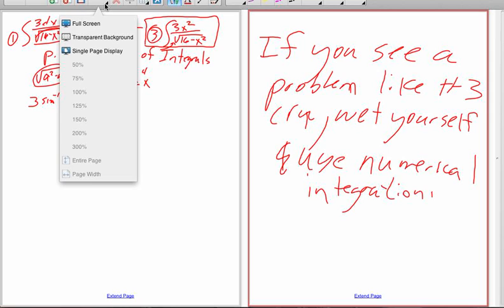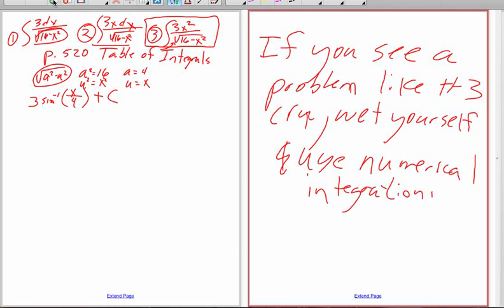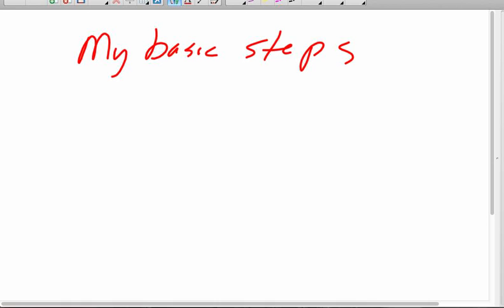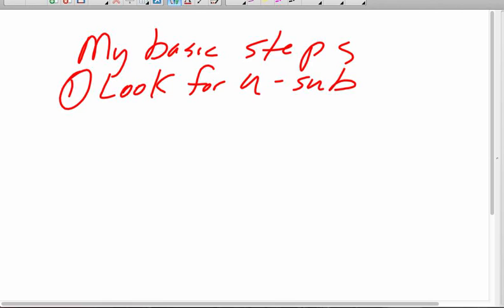So, last thing I want to do then is sort of review and give you another commandment. My basic steps then when I approach a problem. First thing, I always look for a u-sub. U-sub takes care of a lot of little problems. If that doesn't work, then look for your inverse trig.